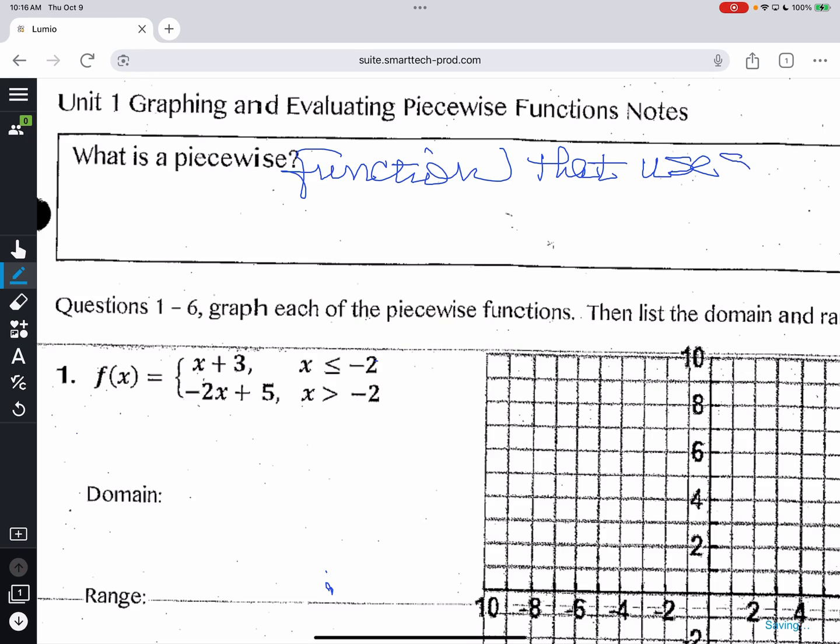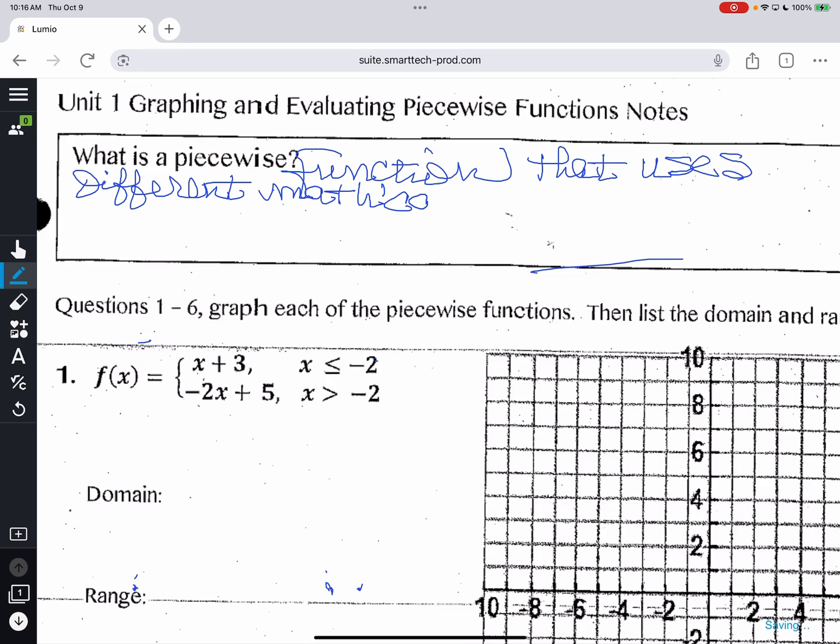Function that uses different mathematical rules to define output. And remember, I did not write out mathematical. I want it right.